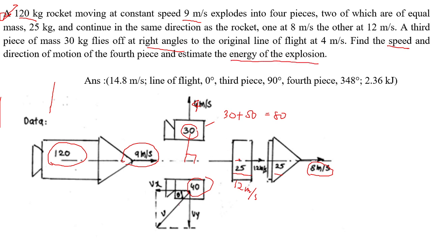First, we already have the mass here. We just have to compute the velocity, or the direction of the velocity. We can assume maybe it's going here. Our assumption is the horizontal component Vx is to the left, and Vy is going down. We'll see in our calculation if our direction of the velocity is correct.